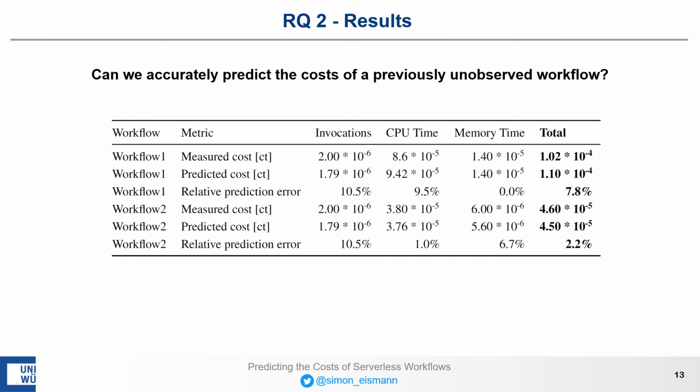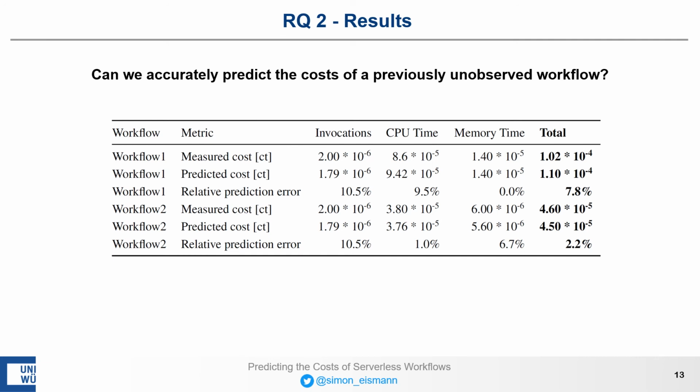When we look at the measured cost between the two workflows, we see that executing workflow 1 costs twice as much as executing workflow 2, even though they implement the same functionality.